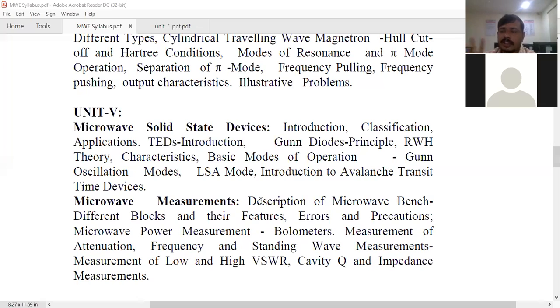If any device exhibits negative resistance, it acts as an oscillator. This is the concept we are using in the Gunn diode. Up to a certain threshold voltage, it acts as a normal PN junction diode. That means by increasing the input voltage, the current also increases.